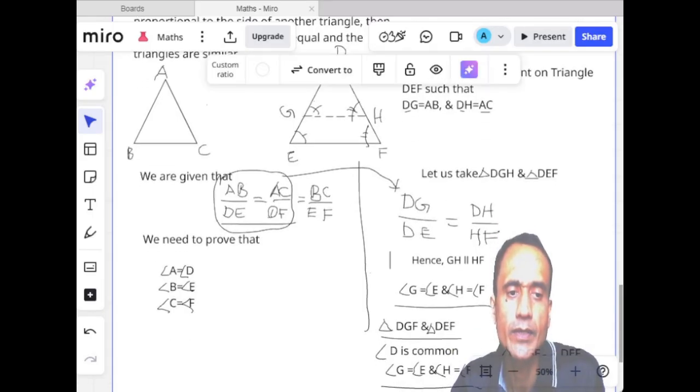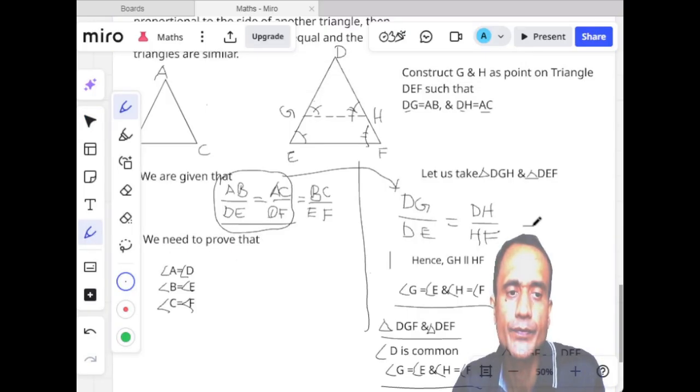So if they are similar, then their sides, we already know DG by DE is equal to DH by DF, and this shall also be equal to GH by EF. Corresponding sides of these two triangles are proportional.